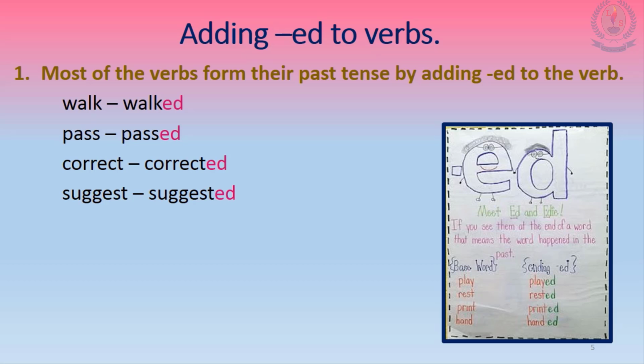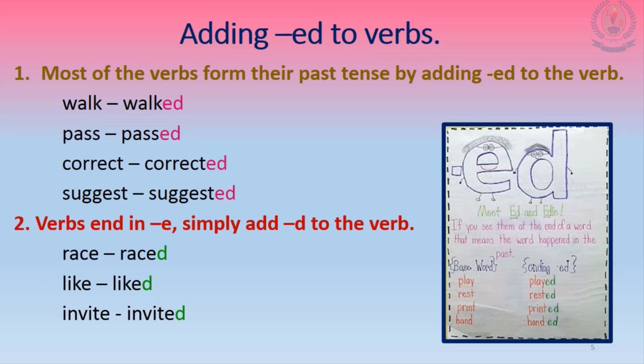So we add ed to form the past form. Second one is verbs that end in e, simply add d to the verb. If the verb ends with letter e, we do not want to write ed again, we only add d. Raise, raised; like, liked; invite, invited.